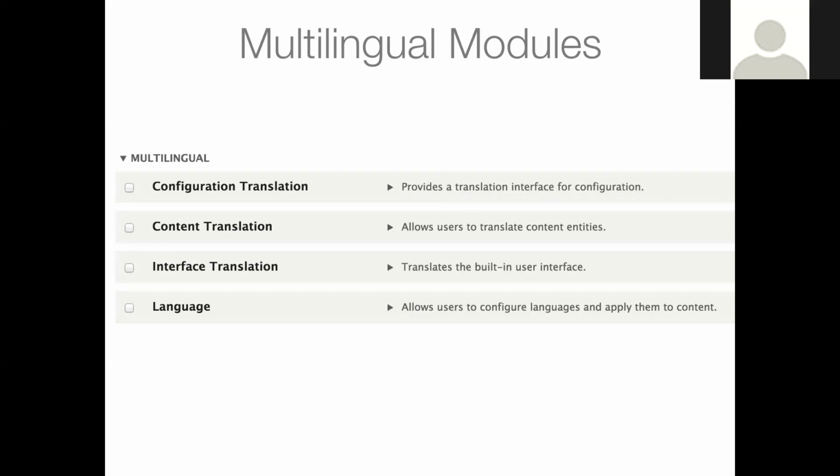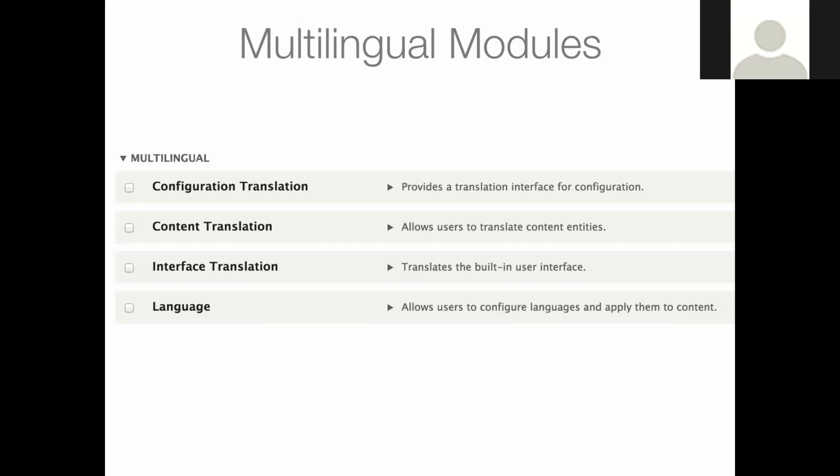At its most core for a multilingual Drupal site, you need the language module. You need this for either a website in a language other than English or a multilingual site. This module allows you to install multiple languages on the site, and it sets up a language switcher on the site. And it's also a requirement for the other 3 translation modules.